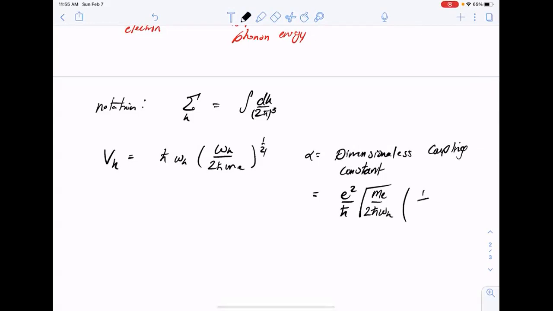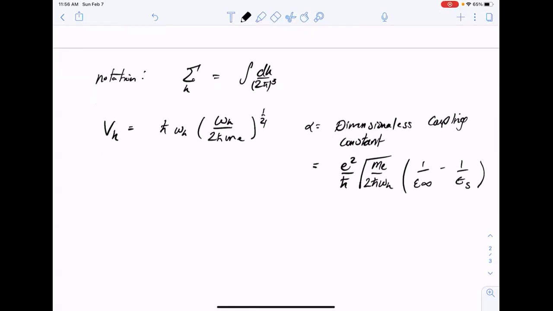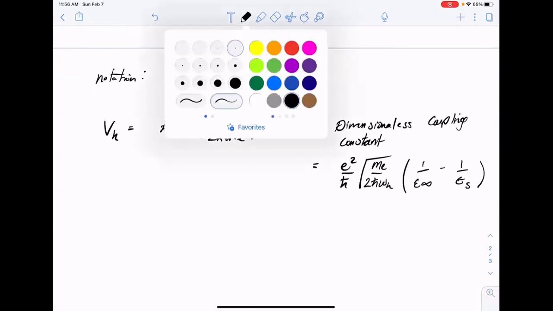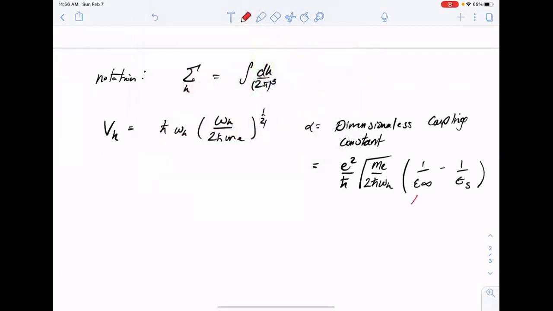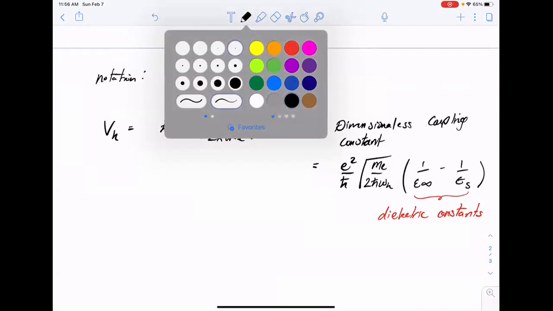And then it depends on the so-called Pekar factor, 1 over the infinite frequency dielectric constant, less 1 over the static dielectric constant. Okay, so those are all the definitions.